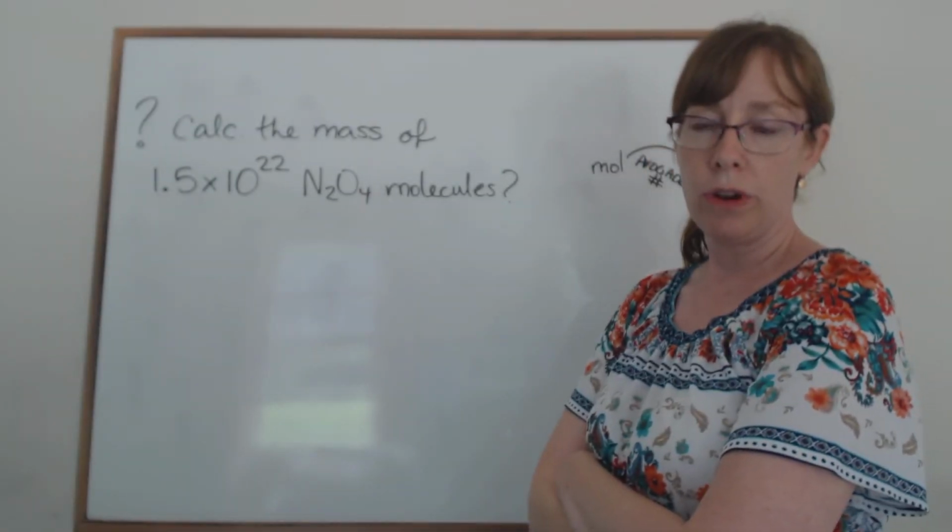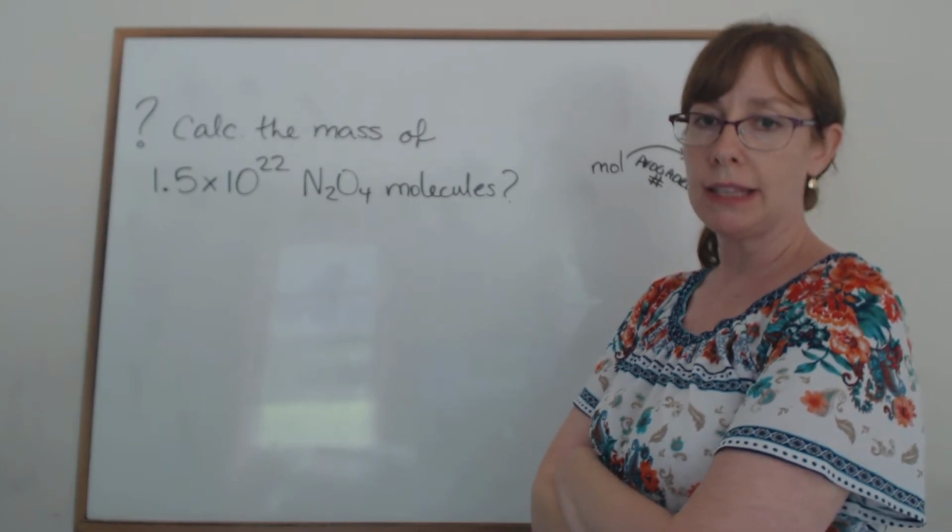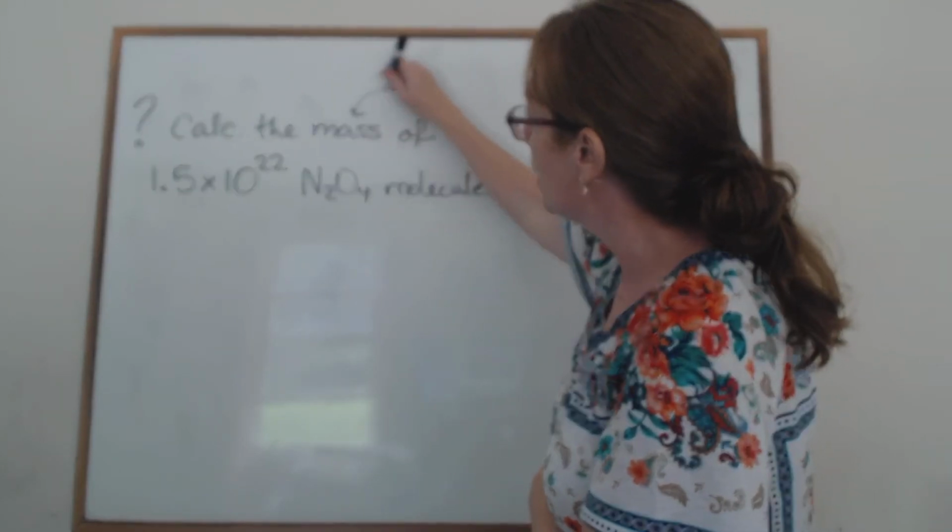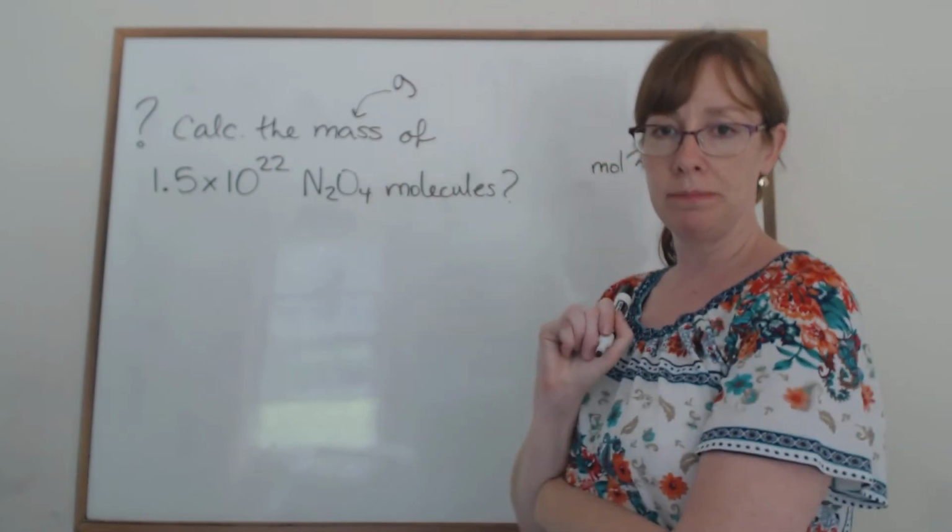All right. So if you want to give this a try, go for it. You can ignore me or pause the video, but let's calculate the mass, that means grams, of this many molecules.